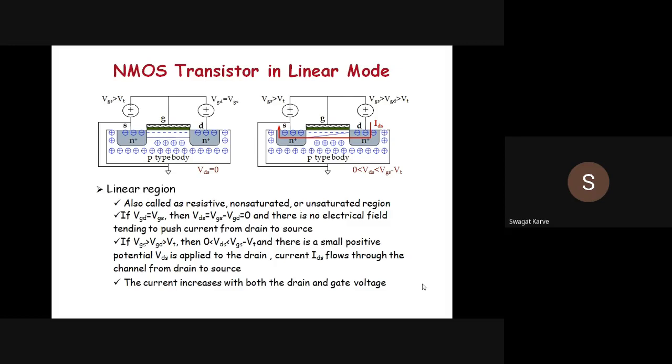VGS should be greater than VT, and the second one is VGS should also be greater than VGD, and that should also be greater than VT. That means VGS and VGD should be greater than VT, and VGS again should be greater than VGD.